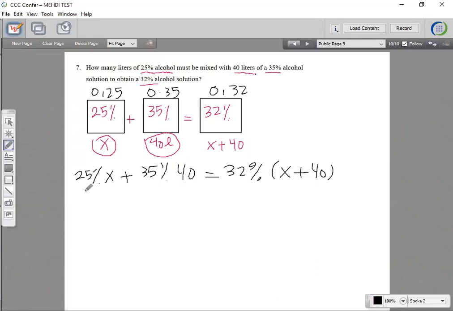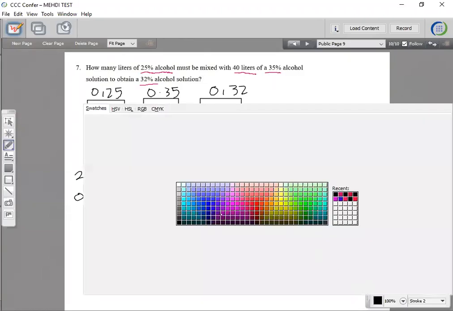Okay, so if I write this down, that would be 0.25x plus 0.35 times 40 equal to 0.32 times x plus 40. If you don't like to deal with decimals, I can multiply each term by what?